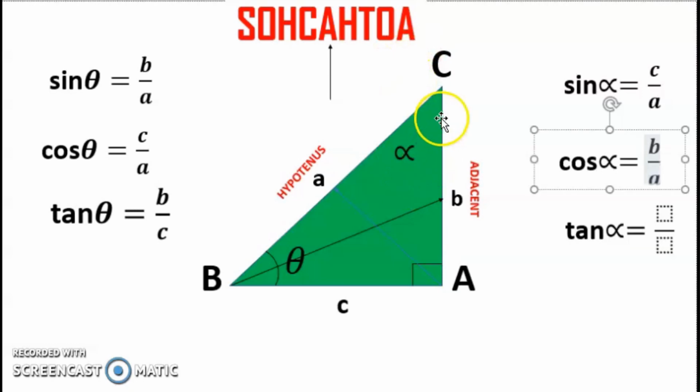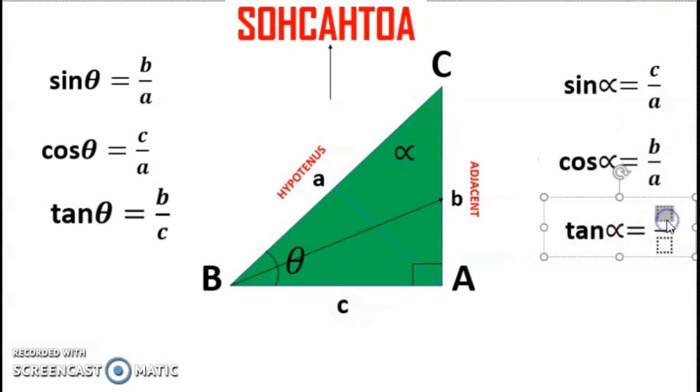If this is the angle under consideration, our opposite is C, over our adjacent, which is small letter B. Now, since we have filled up all these parameters, if you solved it correctly, you are going to get sine alpha equal to C over A, cos alpha equal to B over A, while tan alpha is equal to C over B. Now let's see how we can solve some examples using the acronym SOH CAH TOA.